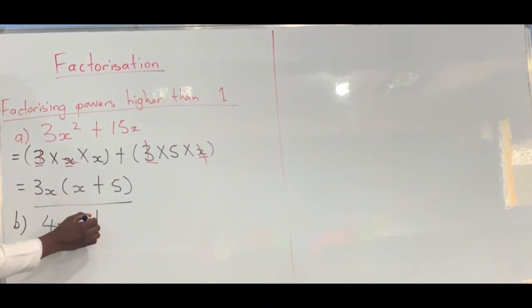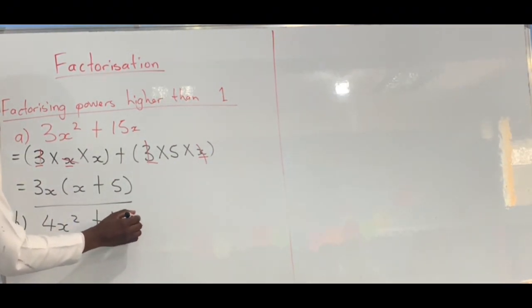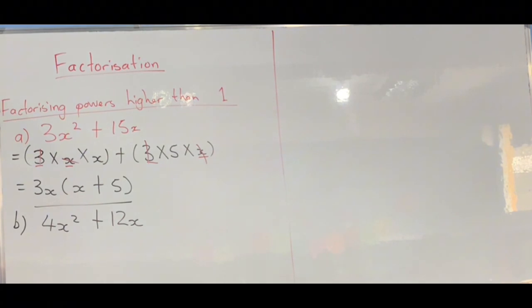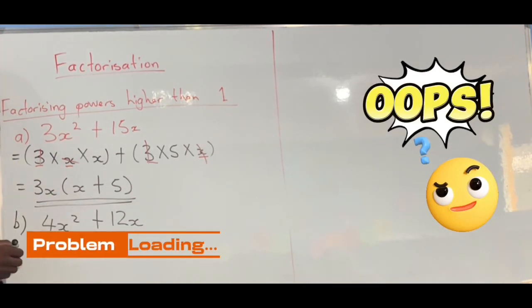The next example, 4x squared plus 12x. Again, the trick here is to find some apparent commonality before you even attack the problem. You can see here that there's 4 and there's 12. These are both multiples of 4.